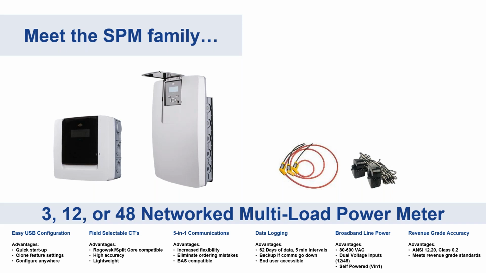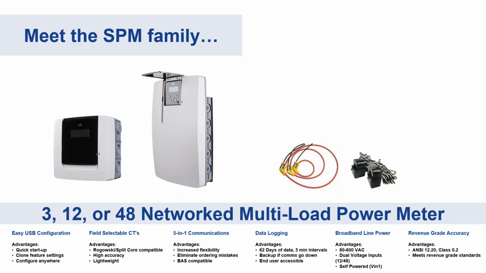The reason that only 2 enclosures are shown there is the model on the left, the one that's kind of oriented like a cube, is both the 3 and the 12 CT model. So there's a different number of terminal blocks for either 3 or 12 CTs in that model. And then the larger model, of course, is the 48 load model.